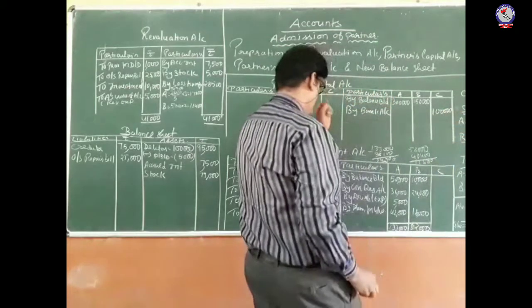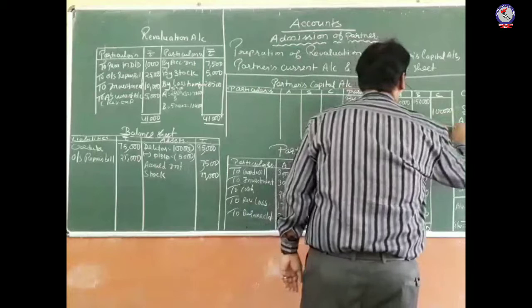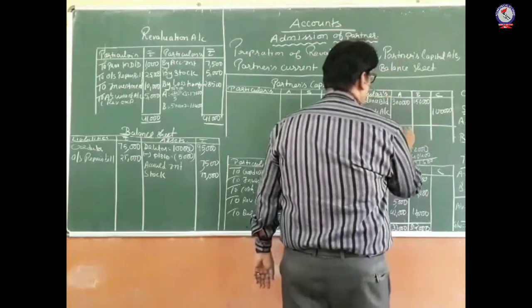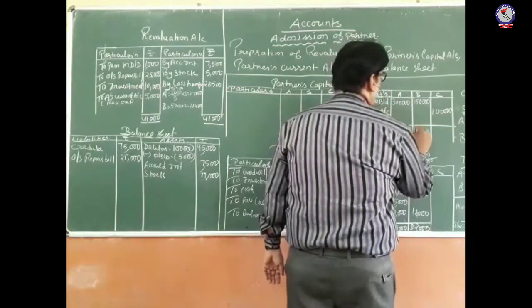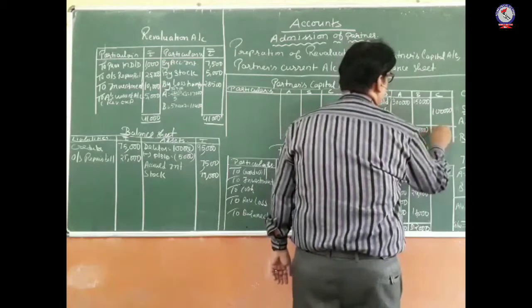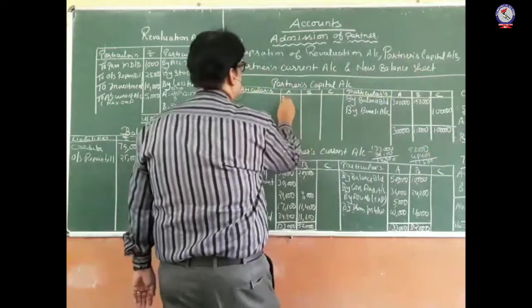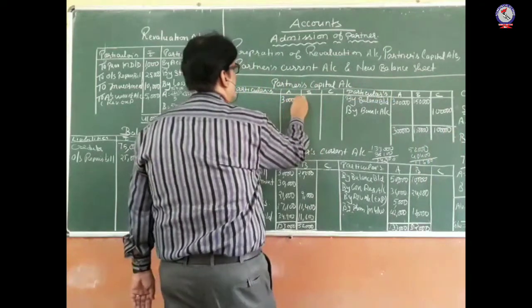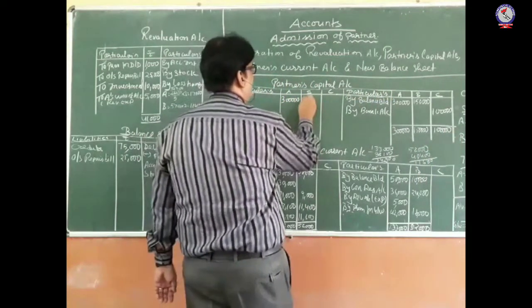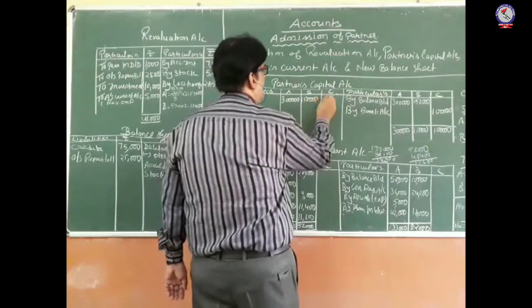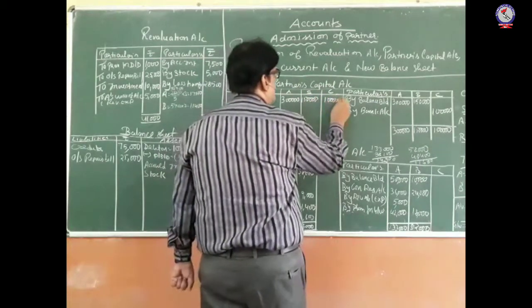Okay. So now the closing balance of capital account, it will close by 3 lakh, it will close by 150, and this will close by 1 lakh. So it is 3 lakh, 150 and 1 lakh respectively.